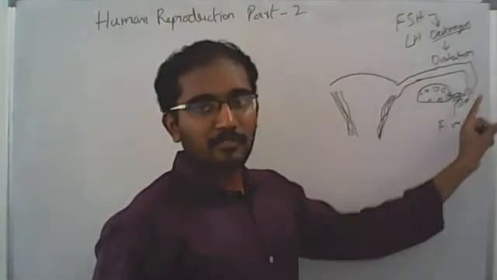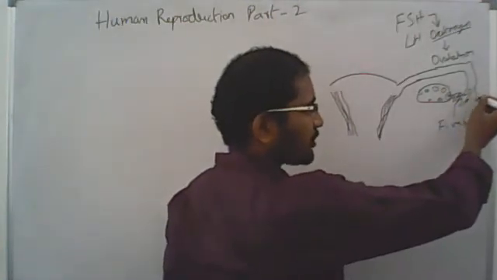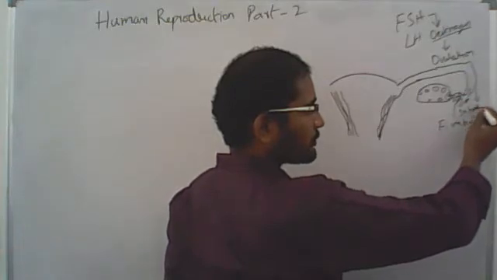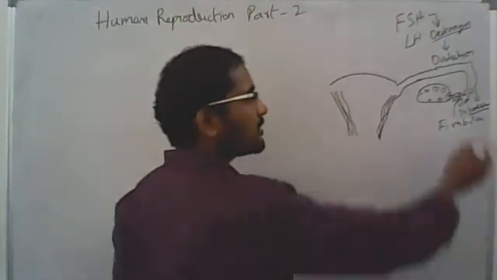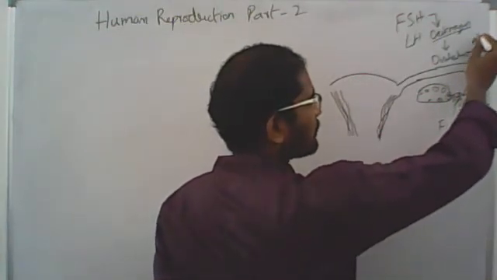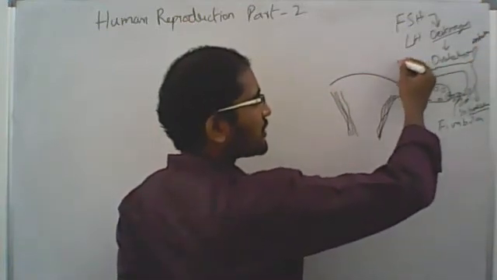The first part of the fallopian tube is the infundibulum. After the infundibulum, there is an important location called the ampulla. Then the remaining portion is the isthmus.